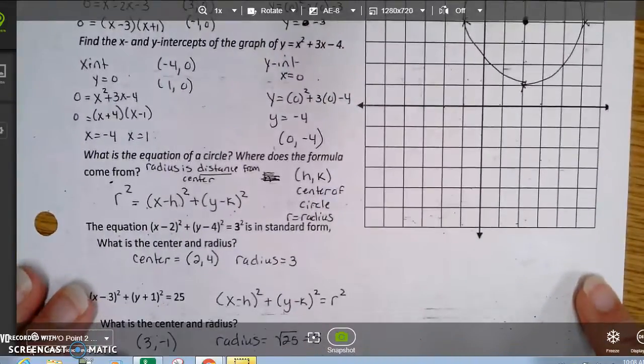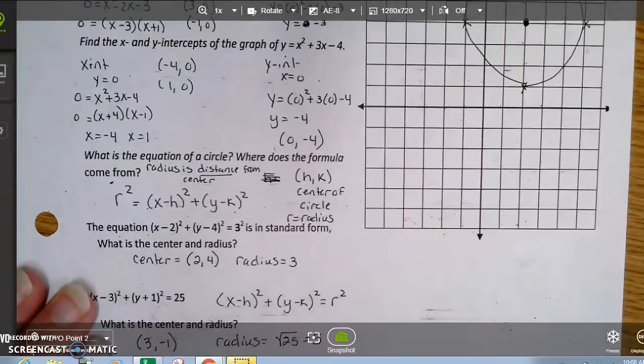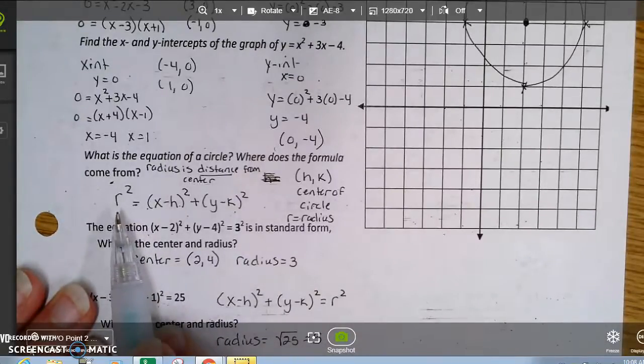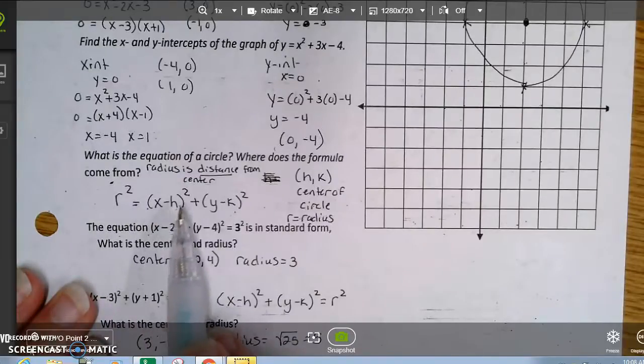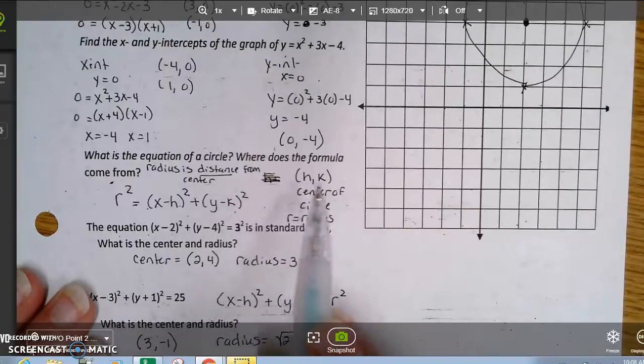So then we're going to get into discussing the equation of a circle. This is something that you probably saw in geometry, but this is a review. So the equation of a circle is r squared equals (x minus h) squared plus (y minus k) squared. And h and k are the center of the circle, and r is the radius of the circle.